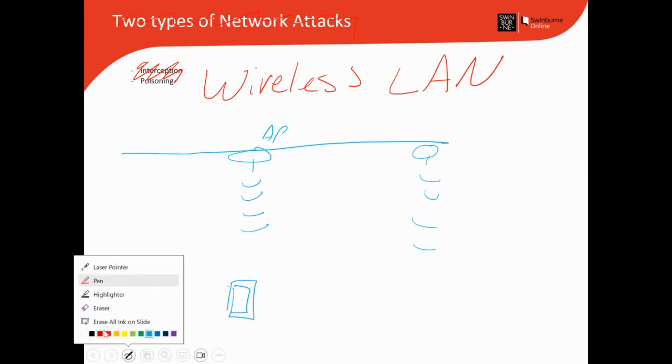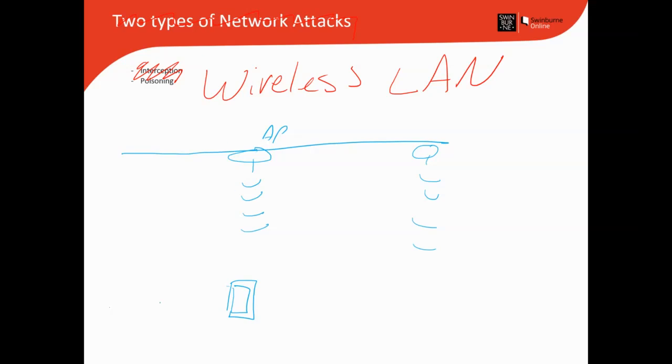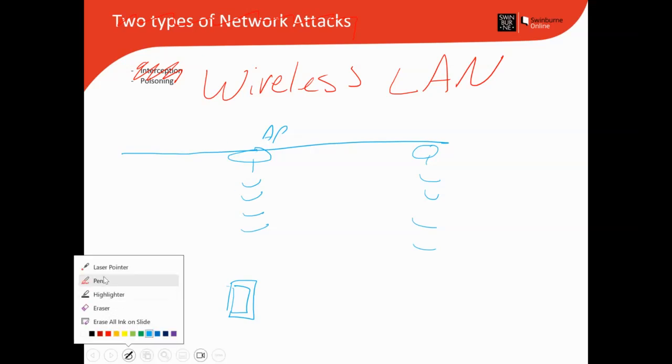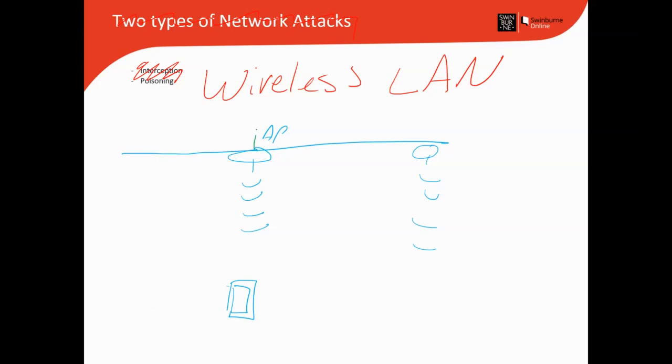Then what happens is these are cabled, physical cables at the back, through the top of the ceiling, into a closet room, that's connected to a switch.